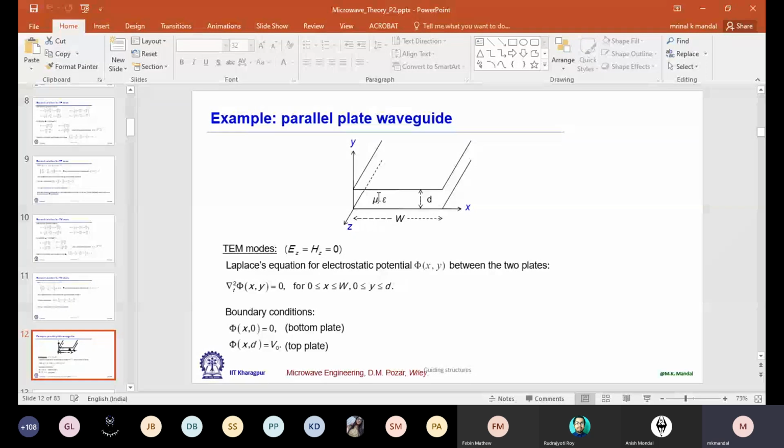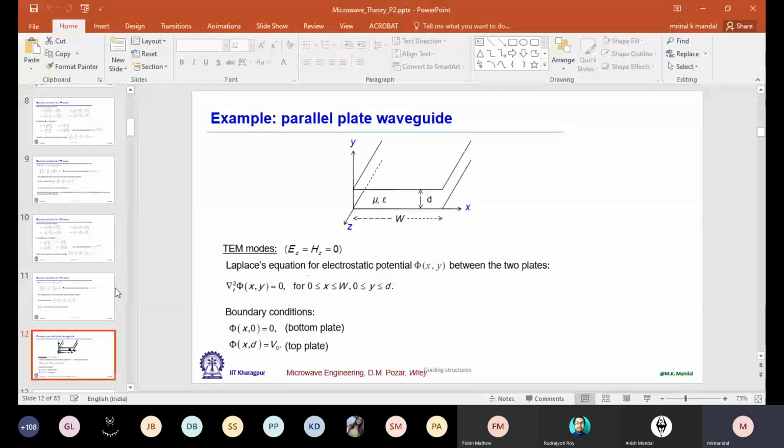And at y equal to t, phi is represented by some potential V naught. So the difference is actually 0 to V naught, that means V naught. So then the boundary conditions, you can read that as phi at y equal to 0 is 0, and phi at y equal to t is V naught.